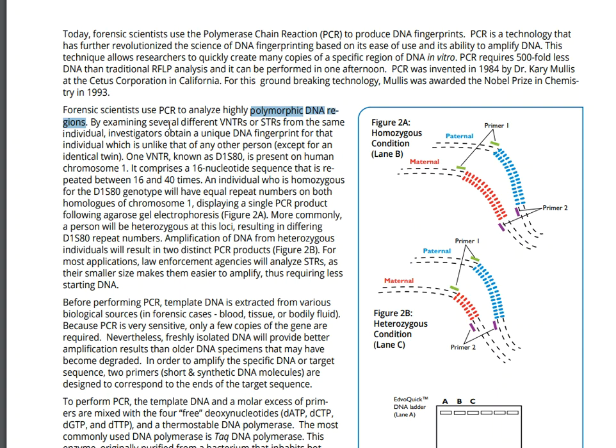So it says, by examining several different VNTRs or STRs from the same individual, you can get what we call a DNA fingerprint for that individual, which is not like any other person. So this is something that's very unique to you, and no other person will have those exact different polymorphisms that you will have in your own DNA strand. And that's what we've always compared.